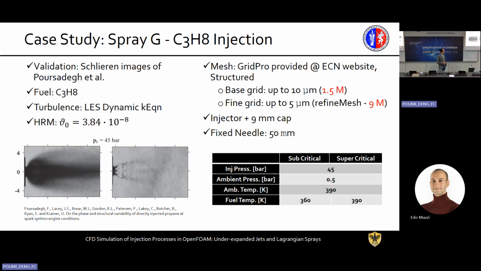So it means that injecting at 360 Kelvin, we are injecting a liquid, while if we inject at 390 Kelvin, we are injecting basically a vapor, which is obviously very dense, but it's a vapor. And we are allowed to do this thanks to the real property package. And the rest of the setup is almost similar to what we have done for isooctane.